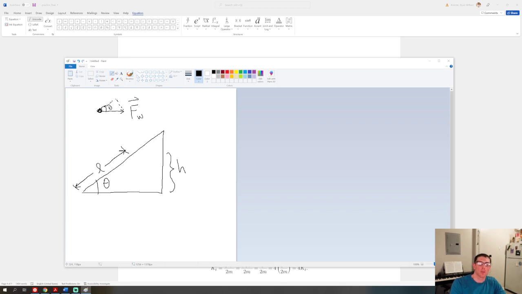So what we care about is this component here. And we could call this F_W, and then I would put two vertical lines here to indicate that it's parallel, right? That's what we want to do. Yeah, cool. Just note, in case it wasn't clear, it probably is, but this is our right angle here. So you just have to be careful breaking this into its components, but if you see that, it's probably fine.